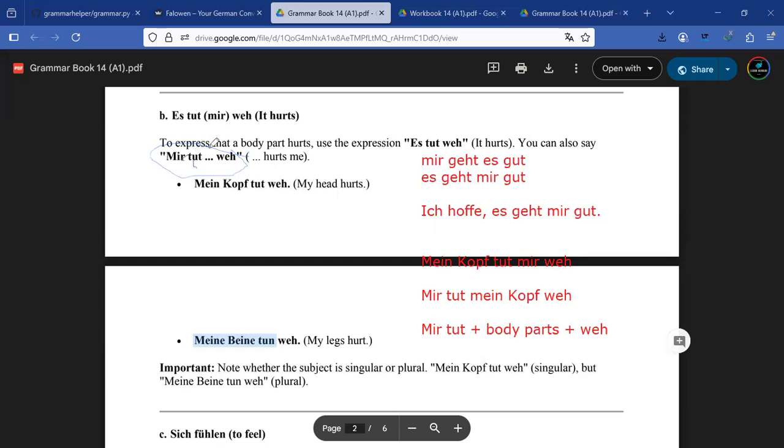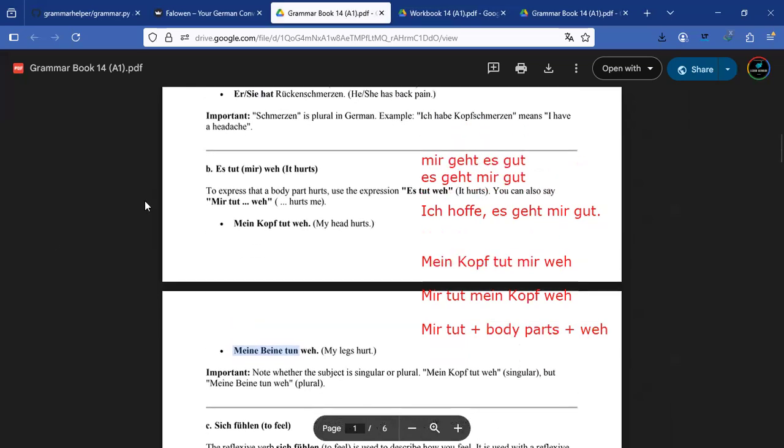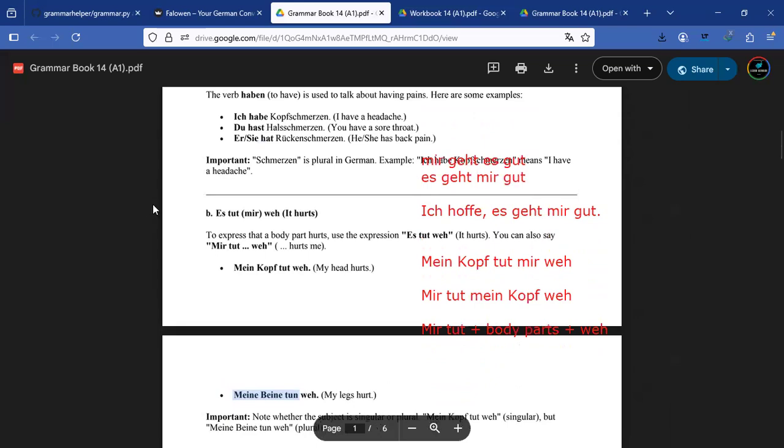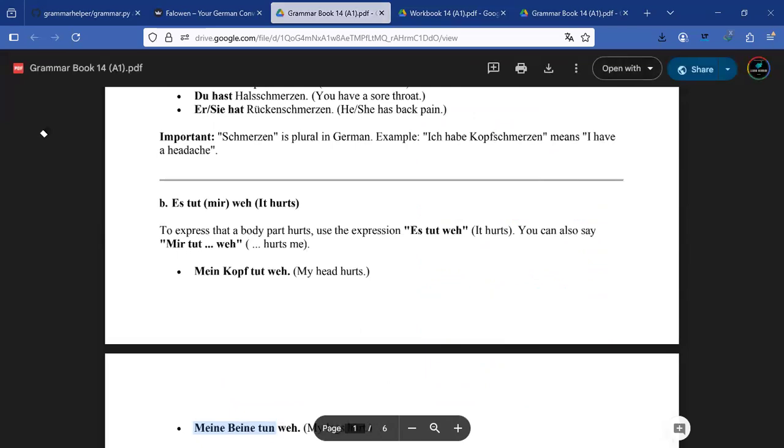Or you can say "mein Kopf tut mir weh" or "es tut mir weh." So these are the basic ways that you can use to express yourself that you have this particular pain or some part of your body is aching you. In case you have any question about that, please ask.